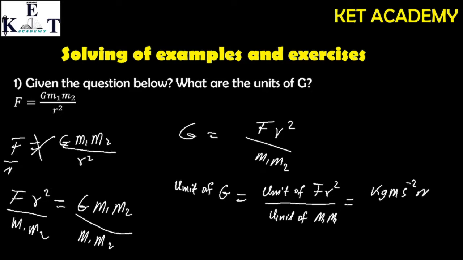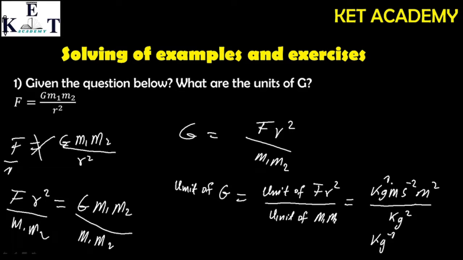So it will be meters squared divided by the masses, m1 and m2. Since they have the same unit, it's actually going to be kilograms squared. What is left for us to do now is just to simplify this, and simplifying that, we're going to have kilograms per kilograms. Now how did I get this? From laws of indices. Dividing two indices of the same base, we subtract the power.